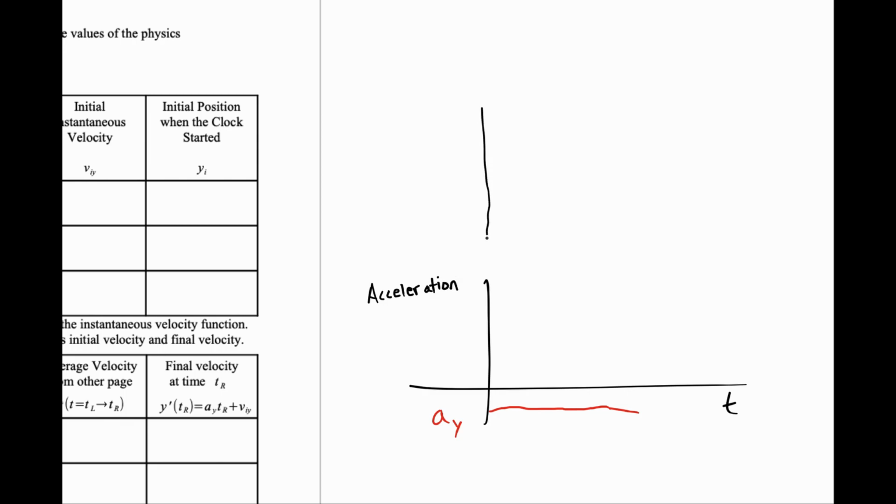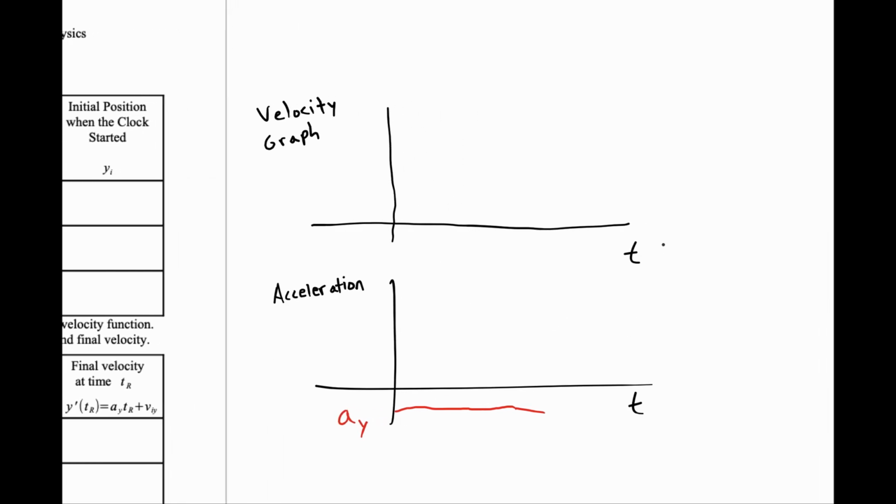Next, you want to build it up through integrating to a velocity graph. You got to find an antiderivative of that. So how would we do that? Well, you'd say v is going to be the antiderivative of the acceleration, but that acceleration is just a constant.